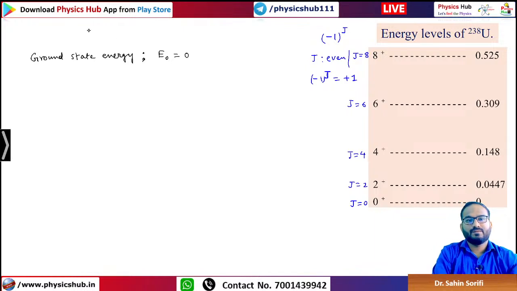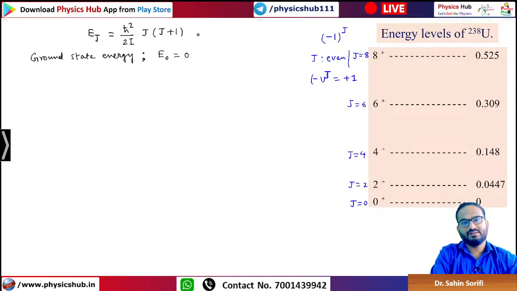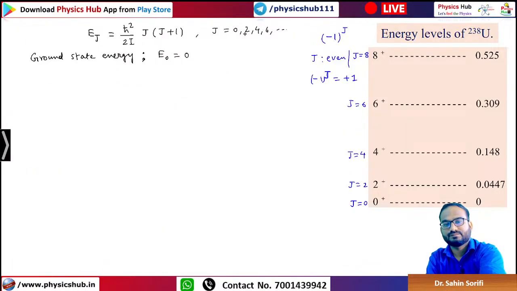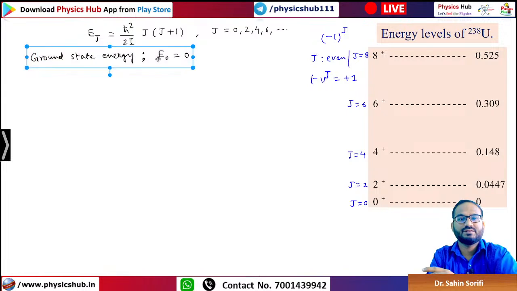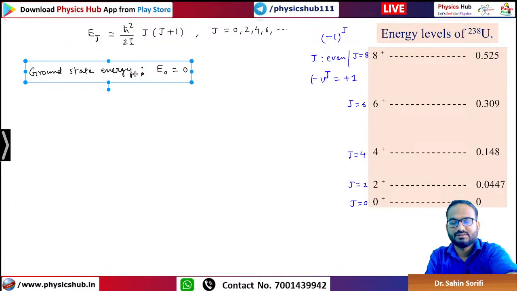Look, we have this original relation E_j equals h cut square by 2I times j into j plus 1. J goes from 0, 2, 4, 6, 8 and so on. So ground state energy will be E0 equals 0.